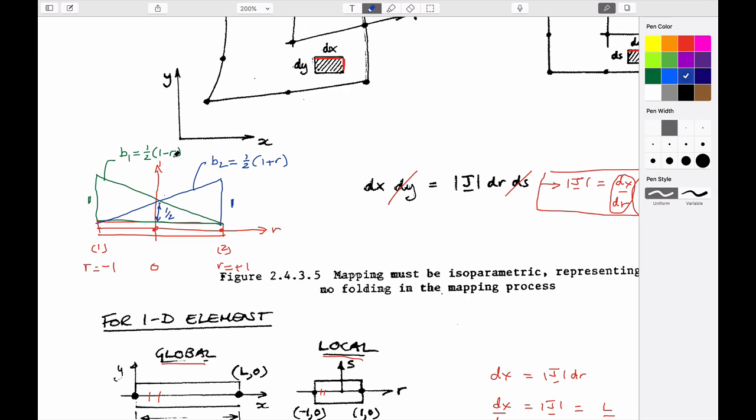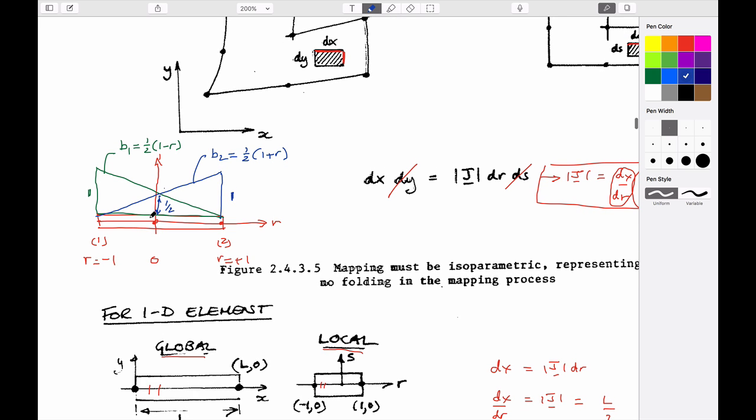So in other words, at r is equal to minus 1, then 1 minus minus 1 is 2, divided by 2 gives you 1. At this point here, r is equal to plus 1, so 1 minus r is 0, so this point is 0. At this point here, r is equal to 0, so 1 minus 0 times a half is just equal to a half. And so physically what these mapping functions do is map things between those.